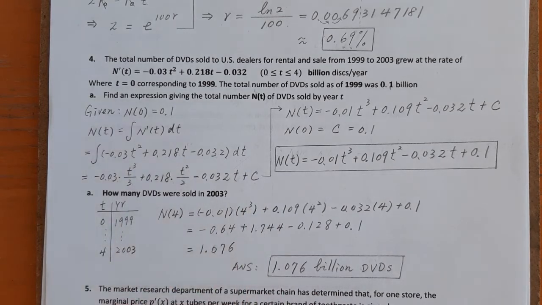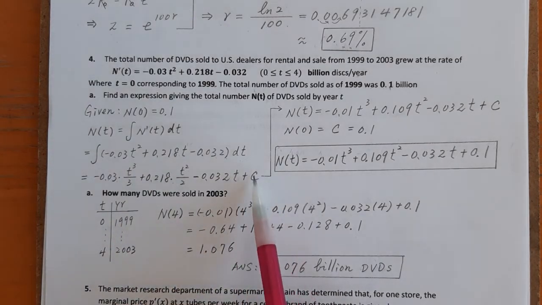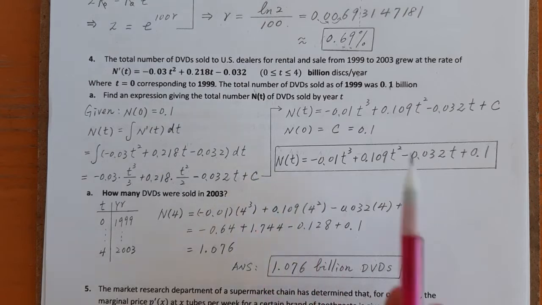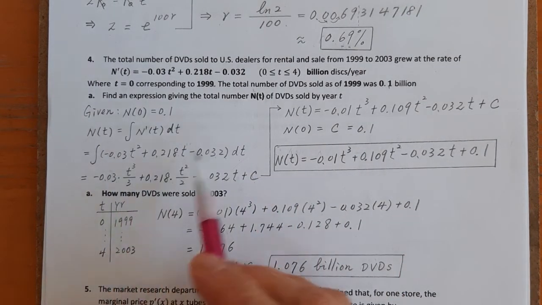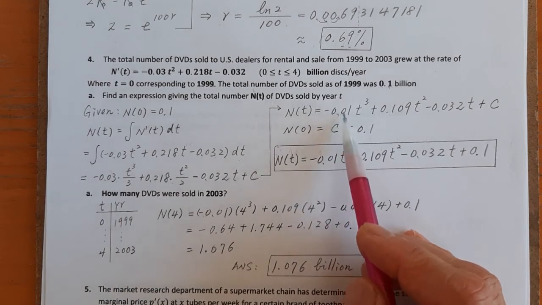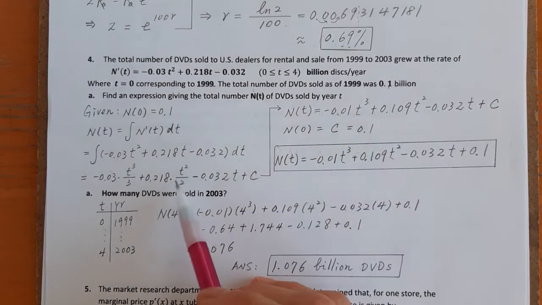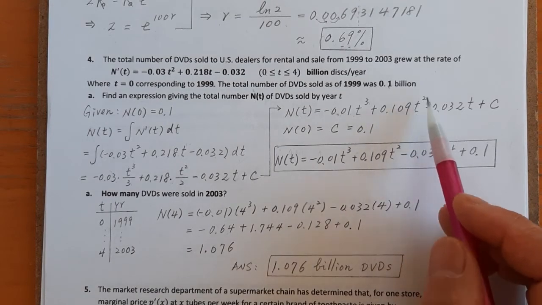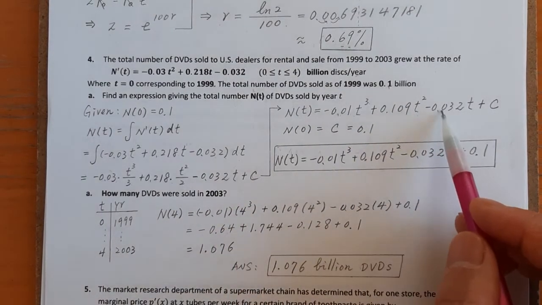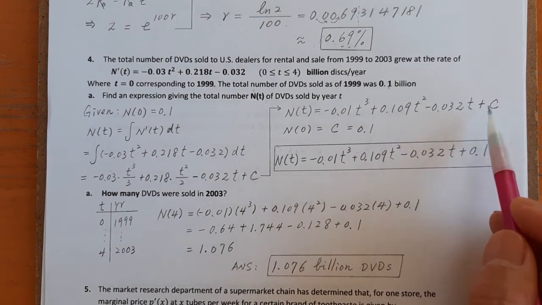The derivative of a constant c is 0, so you have to add a c. The 3 cancels, getting negative 0.01 t cubed, plus the 2 cancels, getting 0.109 t squared, minus 0.032 t plus c.